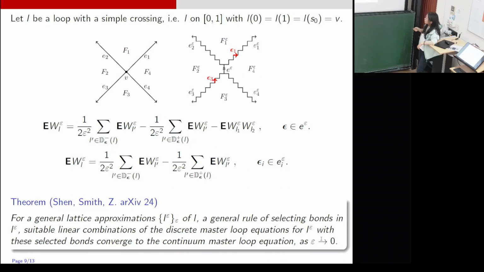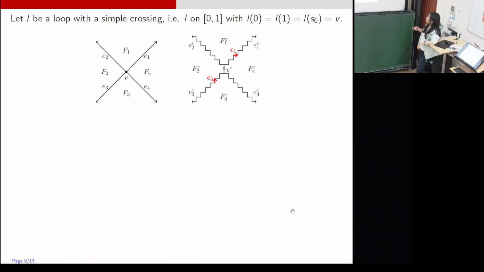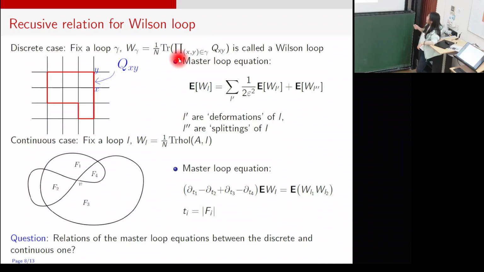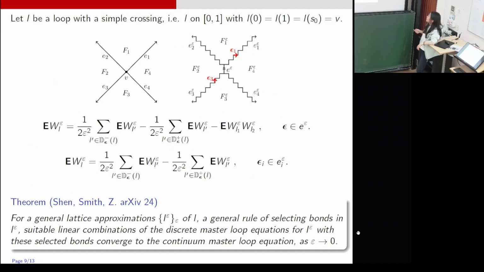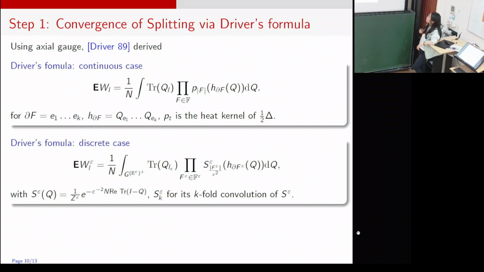To prove this result, I just compare the discrete one and the continuum one, and we find here in both cases we have the splitting part. So we first need to prove that this discrete splitting part will converge to this continuum splitting part. This in fact is very easy by using Driver's formula.